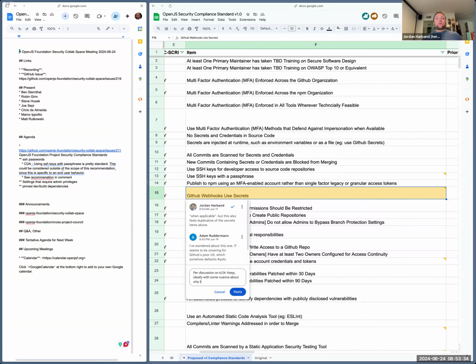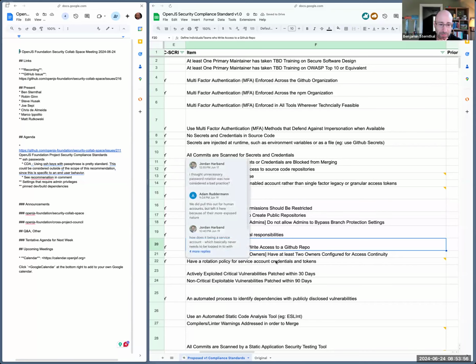If people are thinking, well, what if somebody wrote a script to hit the webhook a million times a minute, or sent malicious input to it? If that's at all concerning, definitely use secrets. If not, you may still want to, but maybe it's up to you. I don't know, something like that.